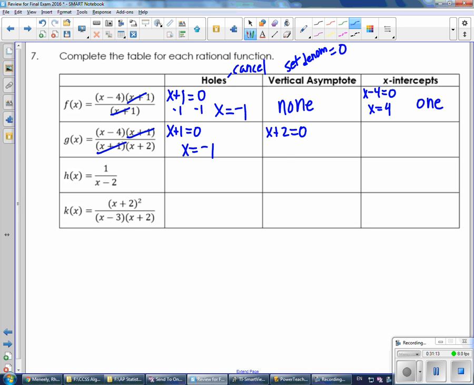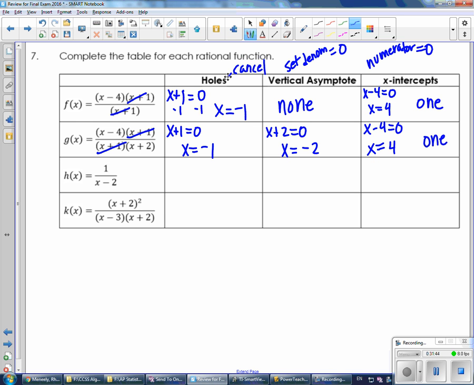If I set that equal to 0, I get that x equals negative 2 is my vertical asymptote. The x-intercept is again going to occur wherever my numerator equals 0. Since I've already canceled those x plus 1s, I don't have to worry about it. So I'm going to set x minus 4 equal to 0, and again, I get that x is equal to 4.